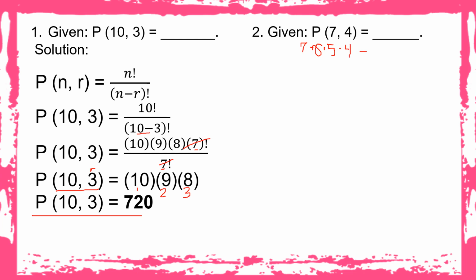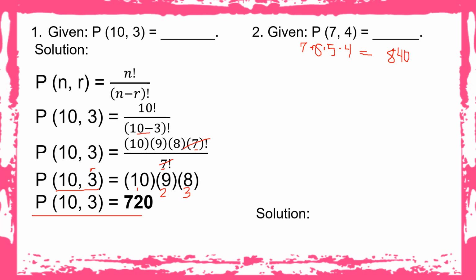So what is your answer? So again, 7 times 6 times 5 times 4, what is your answer? Correct. So the answer here is 840.